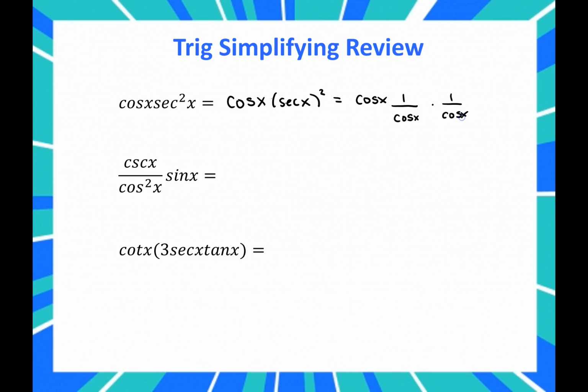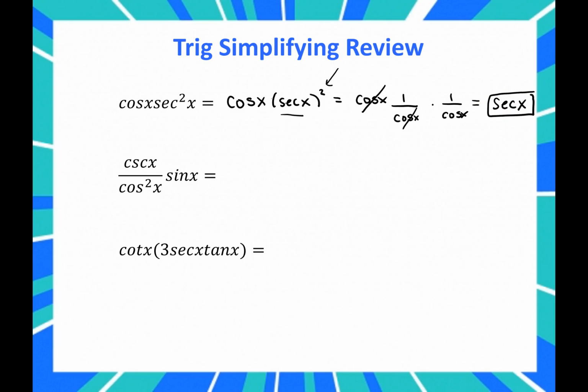If you're confused about why, remember on the last slide I defined secant x to be 1 over cosine x, and since this is squared, I have 2 of those. Now my cosine x and my cosine x cancel, so I'm left with 1 over cosine x, which is, by definition, secant x. And I am done.